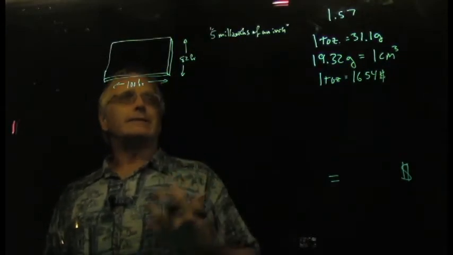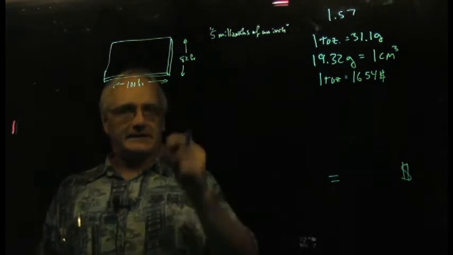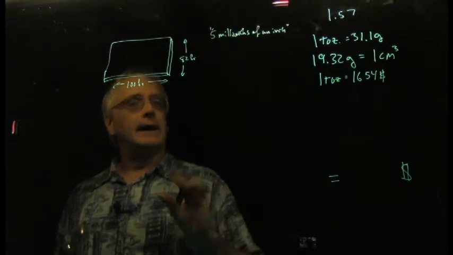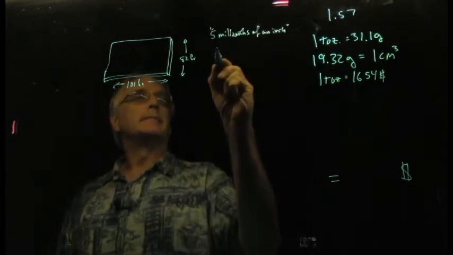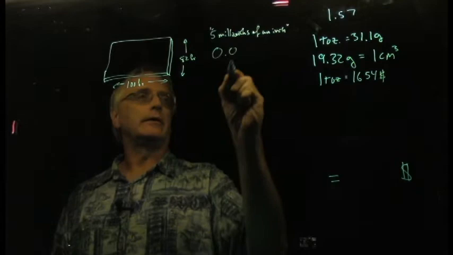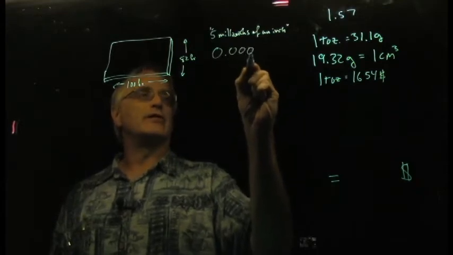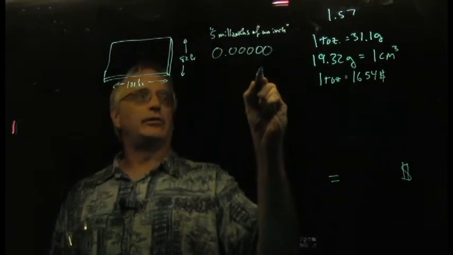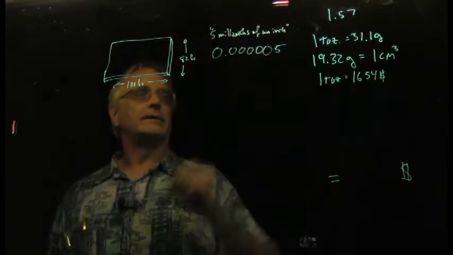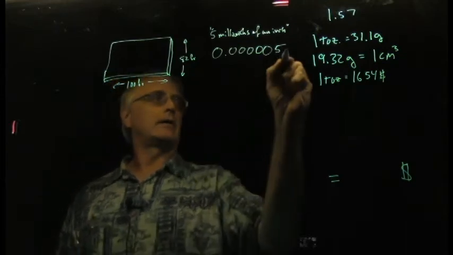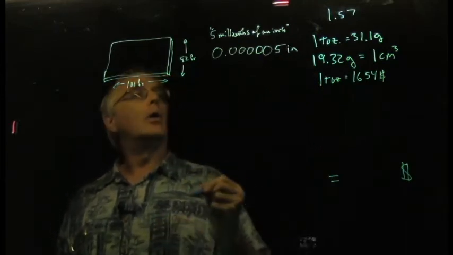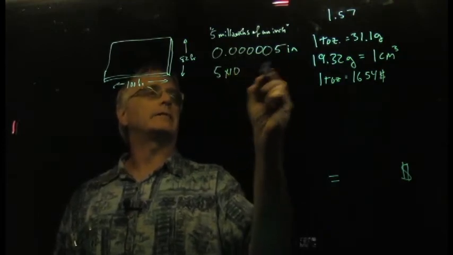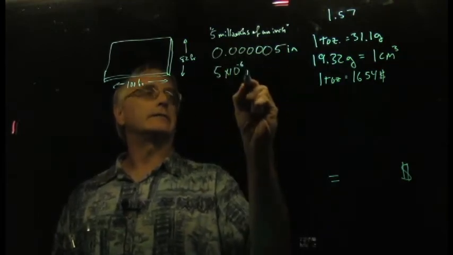Now, in order to interpret 5 millionths of an inch, that's not much, real small. But remember, tenths, hundredths, thousandths, 10,000ths, 100,000ths, millionths. 5 millionths of an inch, or 5 times 10 to the 1, 2, 3, 4, 5, 6, to the negative 6 inches.